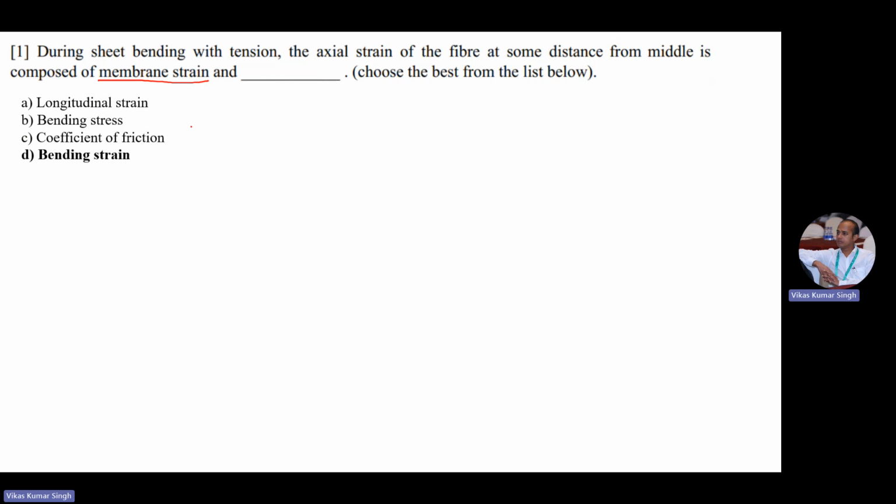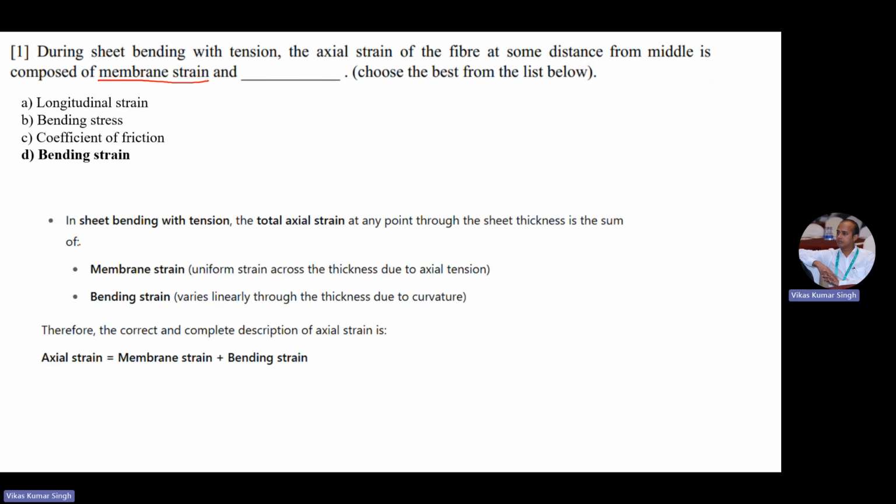I will give you a few bold points in sheet bending with tension. In sheet bending with tension, the total axial strain at any point through the sheet thickness is the sum of membrane strain and bending strain. Membrane strain is the uniform strain across the thickness due to axial tension, and bending strain varies linearly through the thickness due to the curvature.